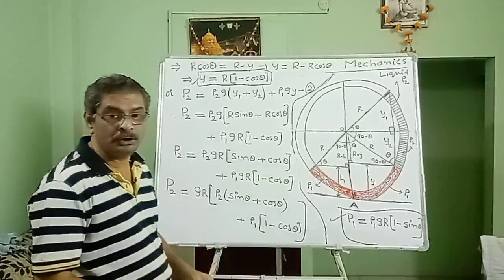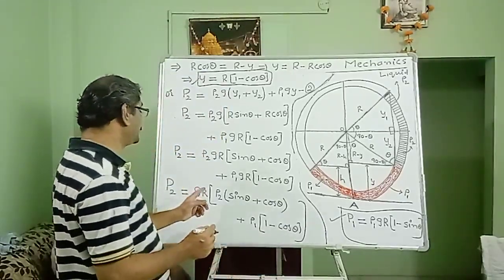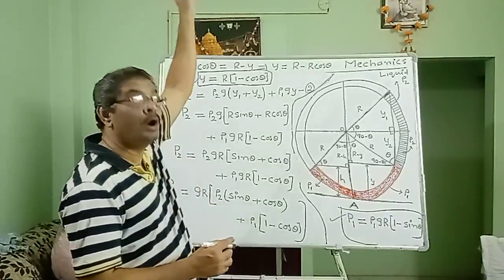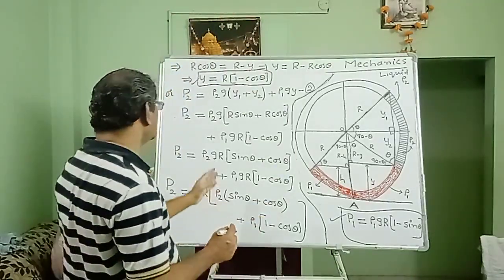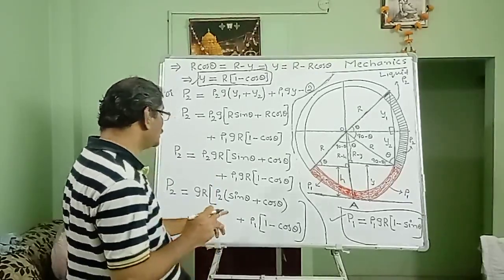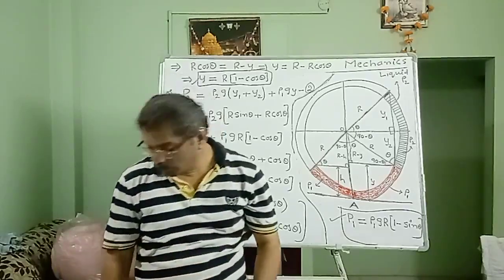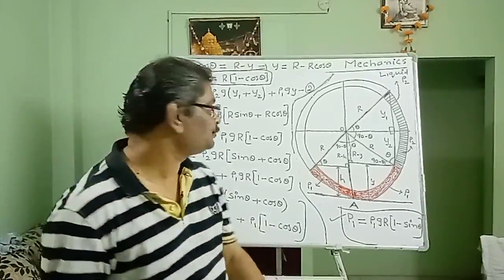So now I am taking GR common, so what we are getting is rho 2 multiplied by sin theta plus cos theta plus rho 1 multiplied by 1 minus cos theta.